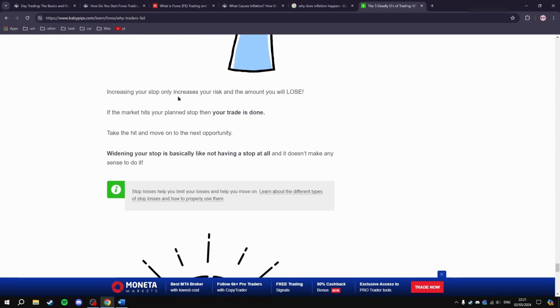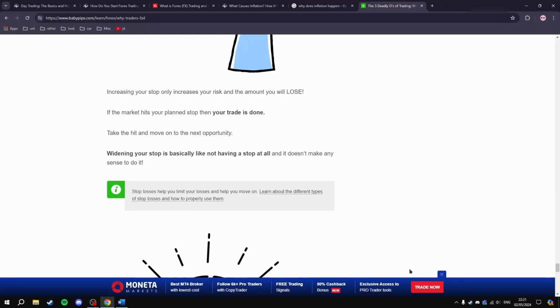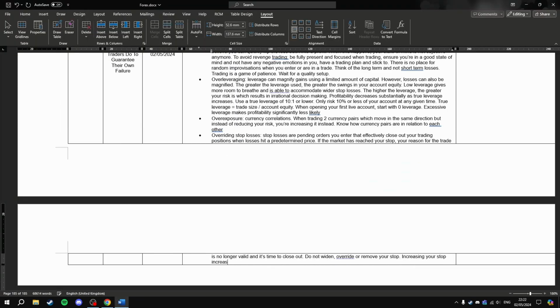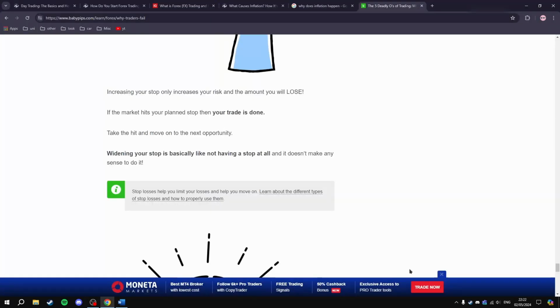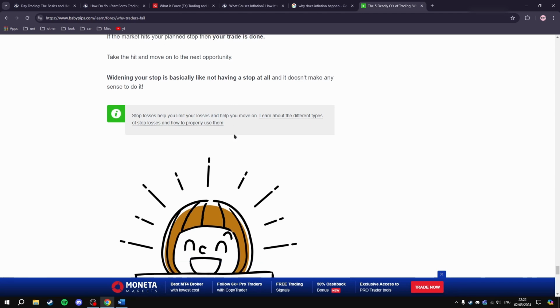Increasing your stop only increases your risk and the amount you will lose. If the market hits your planned stop, then your trade is done. Take the hit and move on to the next opportunity.